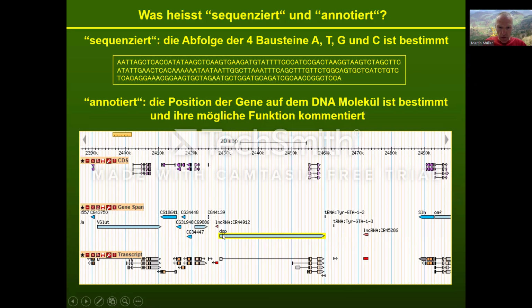18,641. DPP also has such a CG number, but since it is a gene which has been identified by the classical geneticist, by forward genetic technology, basically, it has a gene name. DPP stands for decapentaplegic. Then you see that other gene names pop up, SLH, OAF.